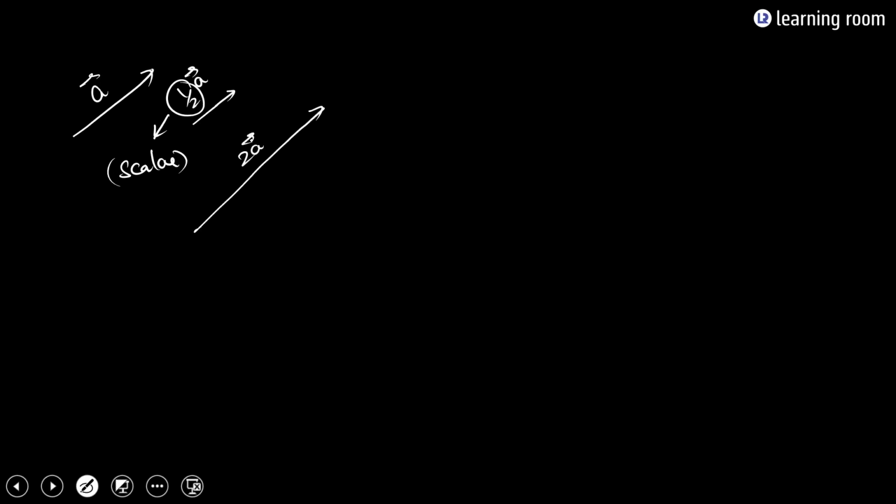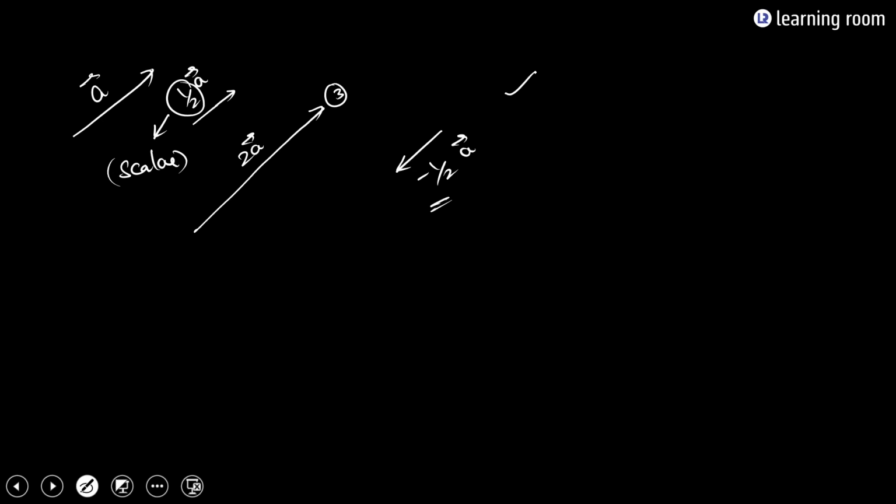Similarly, a vector in the opposite direction I call minus half A vector. All these are possible with respect to a vector. This is what is called a scalar multiplied with a vector.